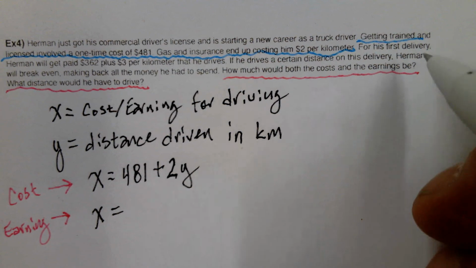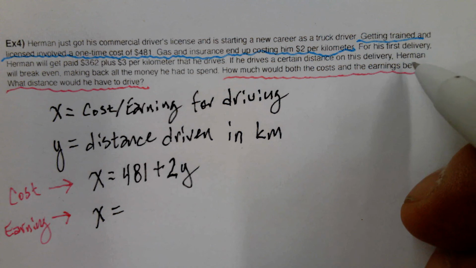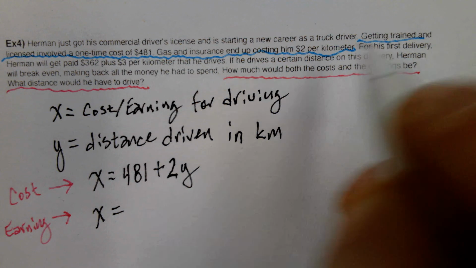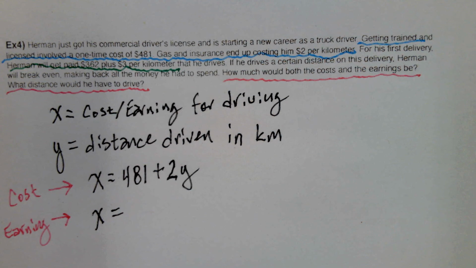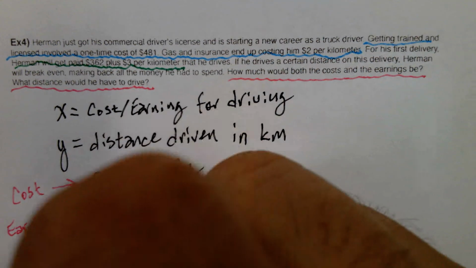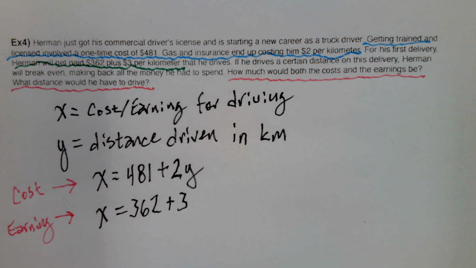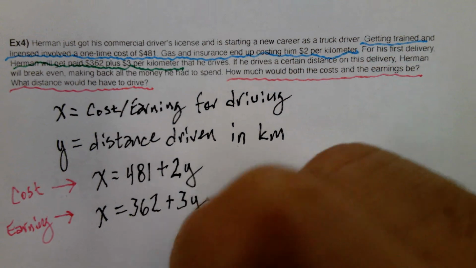It says for his first delivery, Herman will get paid $362 plus $3 per kilometer. This is what he's making. So again, it's X equals how much money he's going to make. So let's start off with $362 plus $3 per kilometer. And that's 3Y.